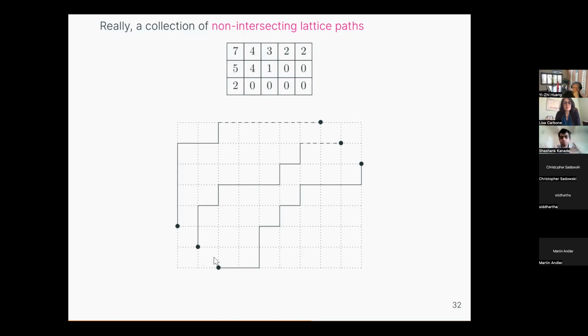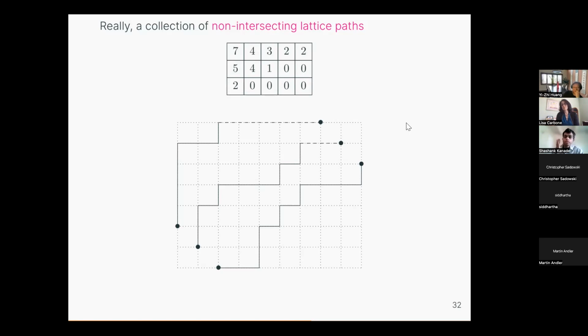So you shift their starting points and ending points, and you make sure that they end at exactly 1. So really this partition should end here, but you just extend it so that it ends nicely to the northwest of this bullet here. And just the weakly decreasing condition tells you that these are non-intersecting lattice paths.